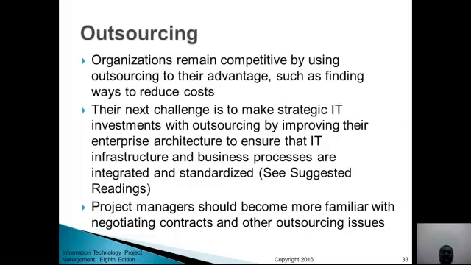Their next challenge is to make strategic IT investment with outsourcing by improving their enterprise architecture to ensure that IT infrastructure and business processes are integrated and standardized. And project managers should become more familiar with negotiating and contracts and other outsourcing issues.